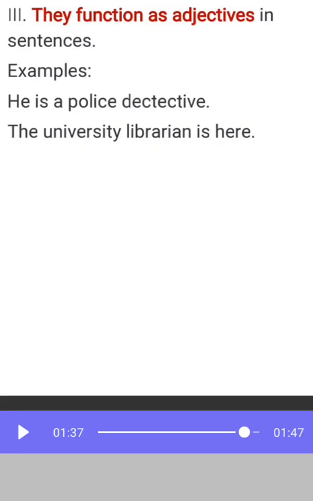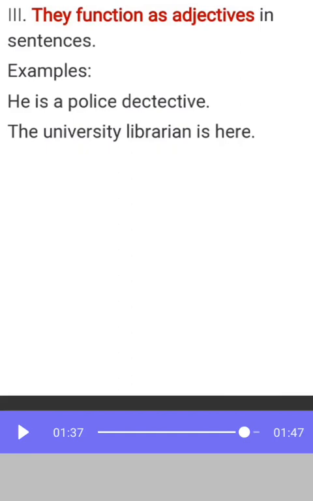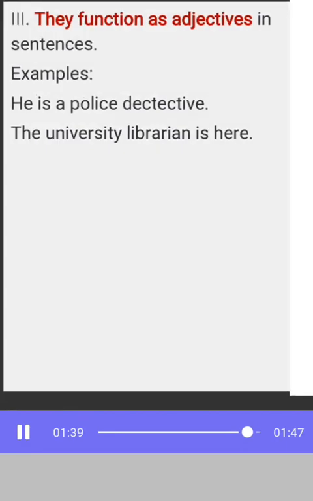And thirdly, they function as adjectives, where they stay before other nouns to describe them further. And so we want to take note of that. They function as subjects, they function as objects, and they function as adjectives in sentences. And so that's the size of this lesson series.